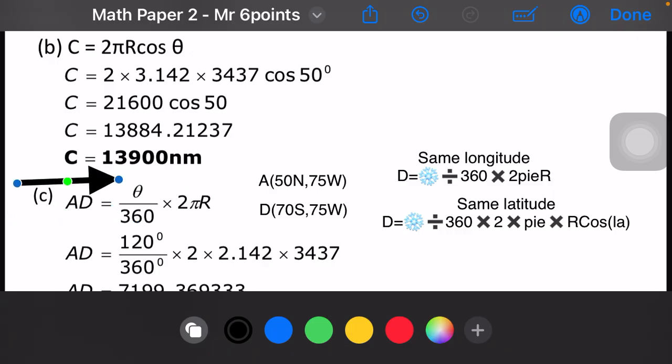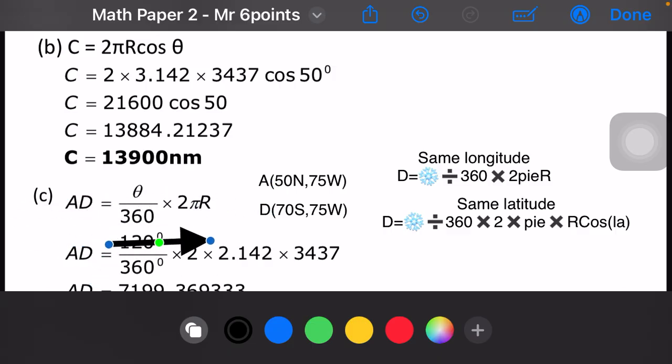Now, how do you get the theta on top here? You simply look at the latitudes. When you have different directions, you add the degrees. In this case, you add 70 plus 50 to give 120. So this is where the 120 has come from.